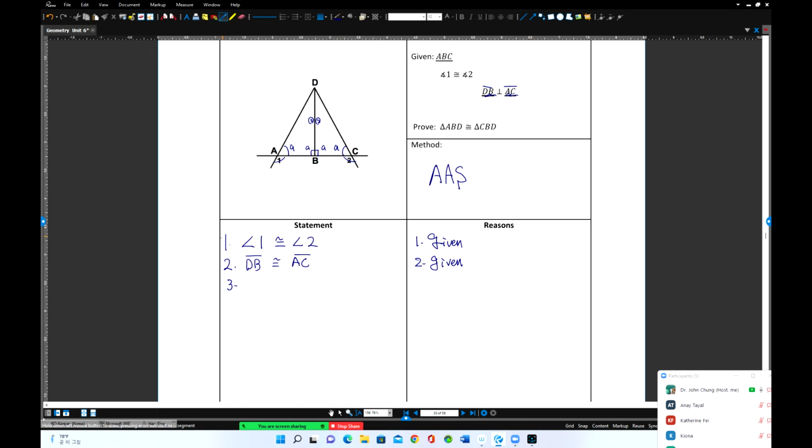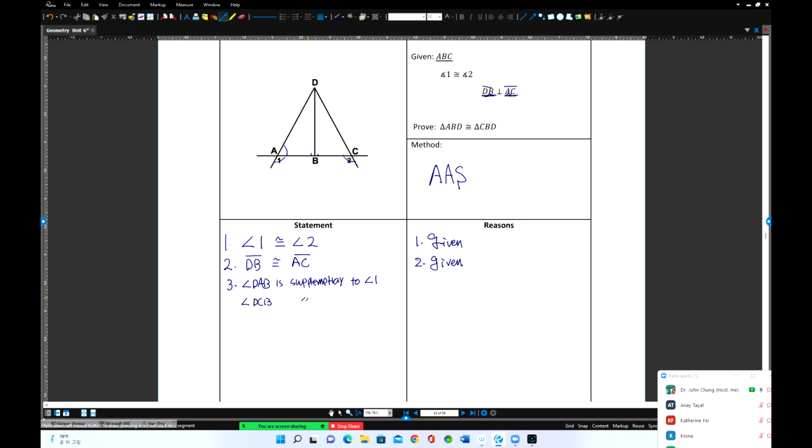Let's do this angle first, because the given is right. Angle 1 and angle 2 are congruent. So the other angle is angle DAB, which is supplementary to angle 1, or angle DCB, which is supplementary to angle 2.